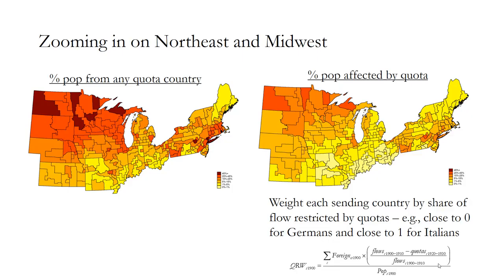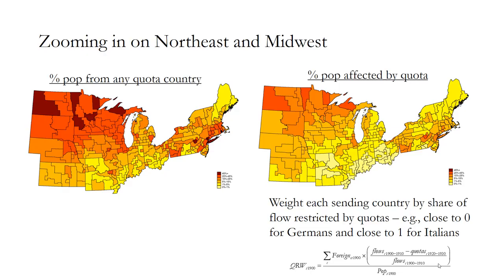But we also see that, for example, a place like Wisconsin has lighter shading on the right than it does on the left relative to other states, because those are locations, for example, with a lot of Germans.